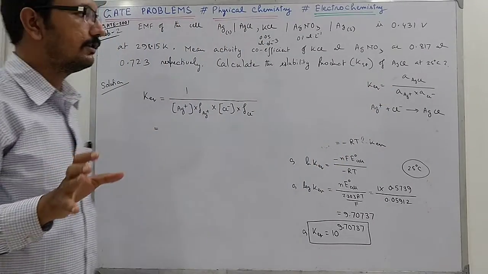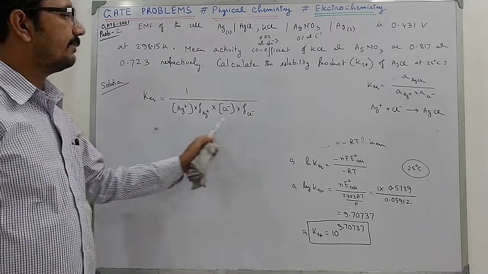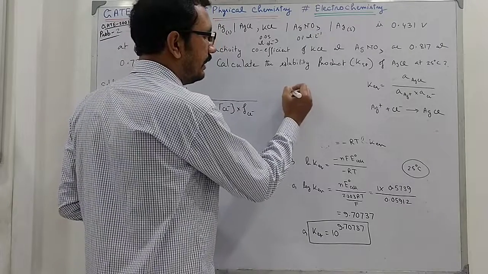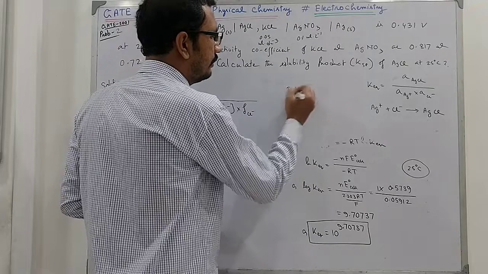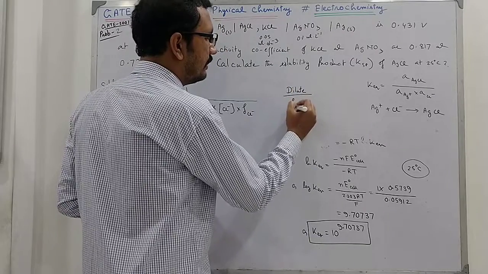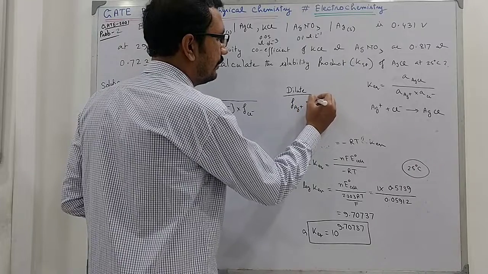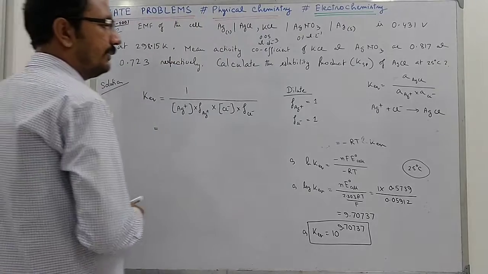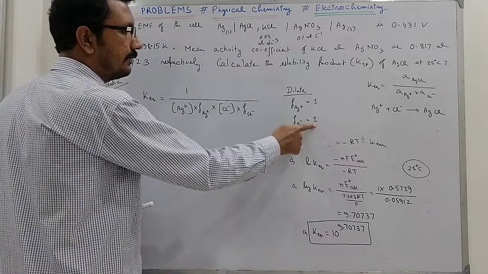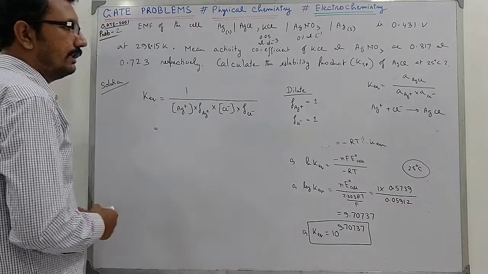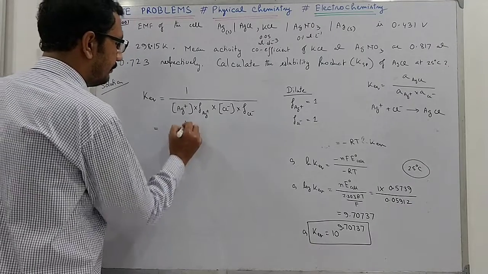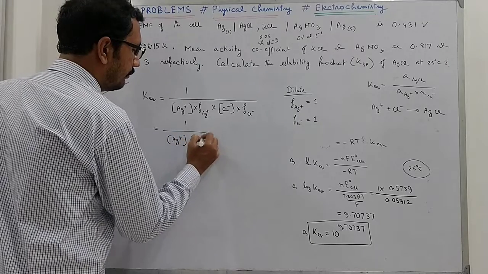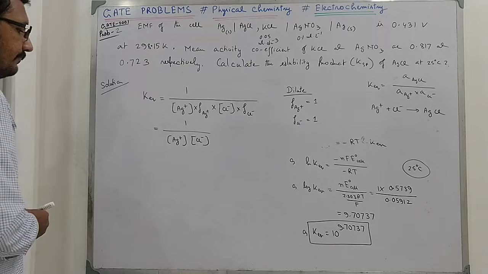It is a sparingly soluble salt. So the concentrations of Ag plus and Cl minus will be very, very low. We will get a very dilute solution of Ag plus and Cl minus, and when the solution is dilute, it is a very good approximation to consider the activity coefficients to be 1. So the activity coefficients become unity when we take the solution very, very dilute. So it will be the concentration of Ag plus into the concentration of Cl minus.